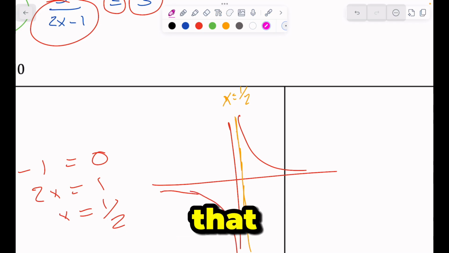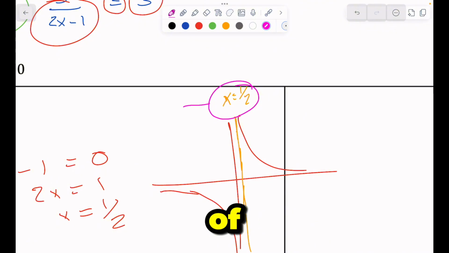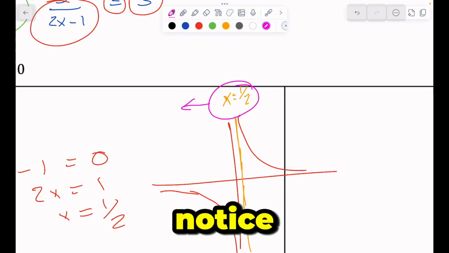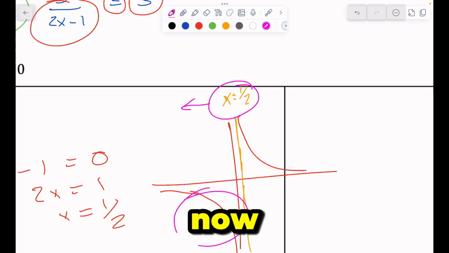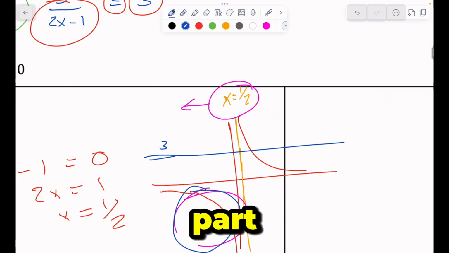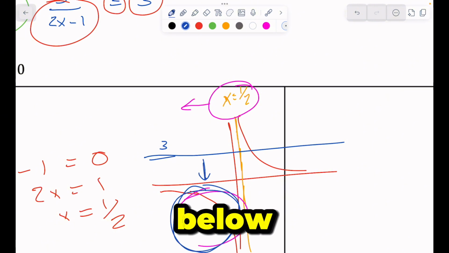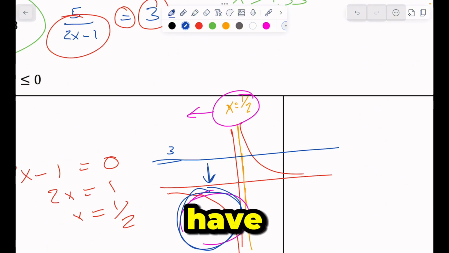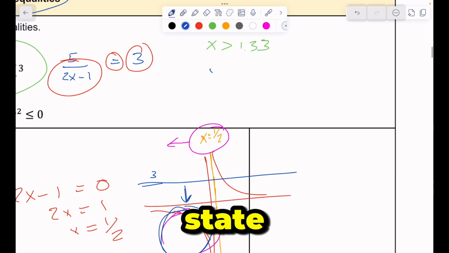So anything to the left of this, we notice that the graph is now lower than 3. Remember, we have a line crossing at 3, but this whole part of the graph is below that line. So we have another inequality that we have to state: x has to be less than a half, and this will be true.